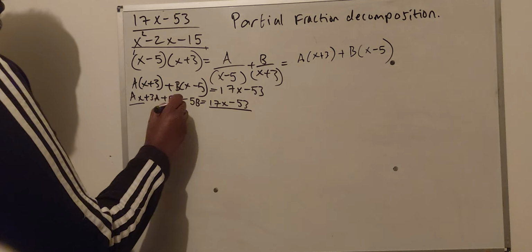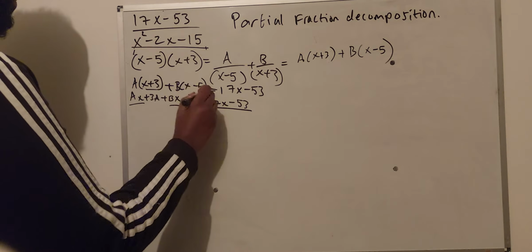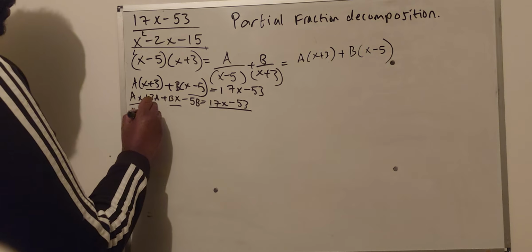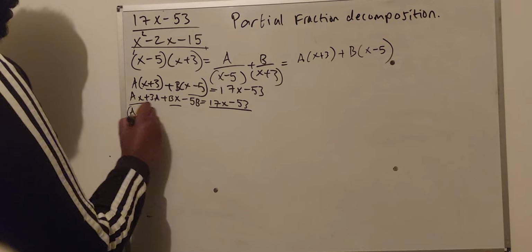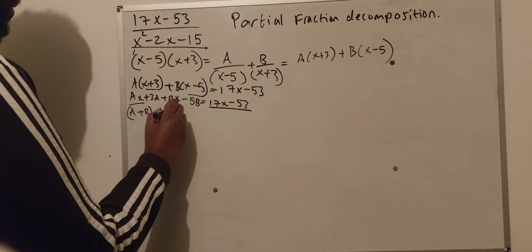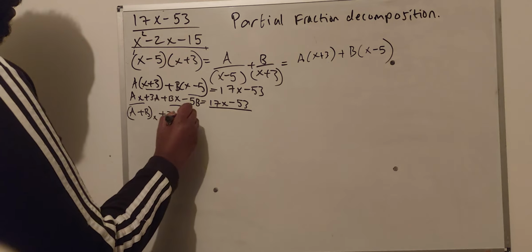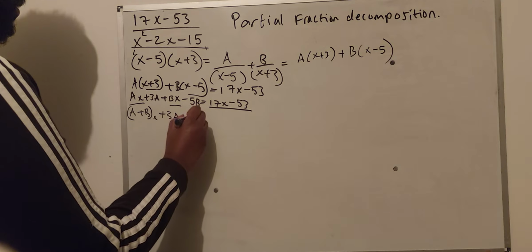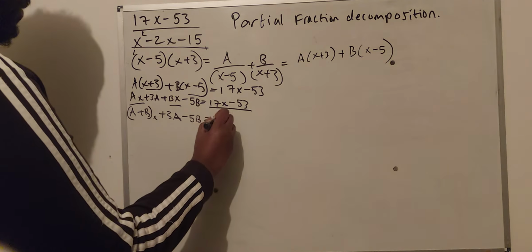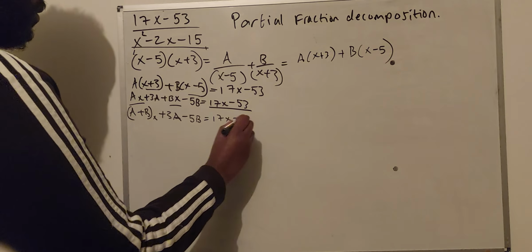So we're going to want to collect all the like terms here. So a plus b times x plus 3a minus 5b is equal to 17x minus 53.